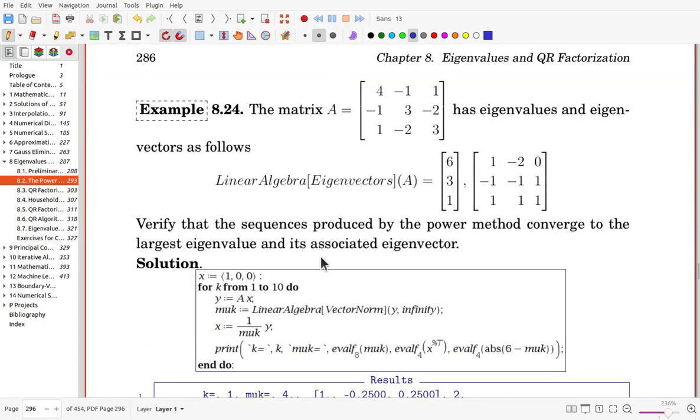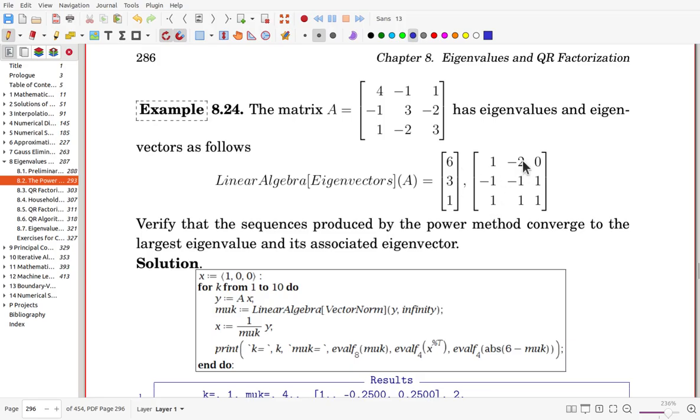Let's see this example. We have a matrix, and by using some software, Maple, we can get 6, 3, 1, which are the eigenvalues, and these are the corresponding eigenvectors. For 6, this is the eigenvector.